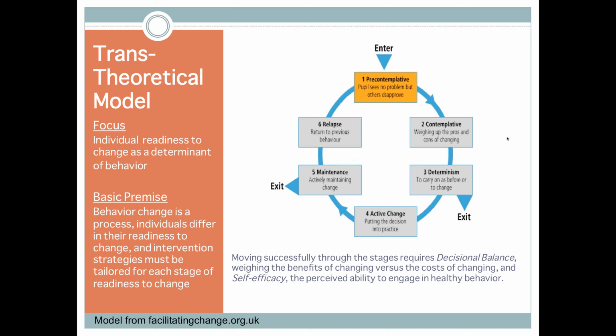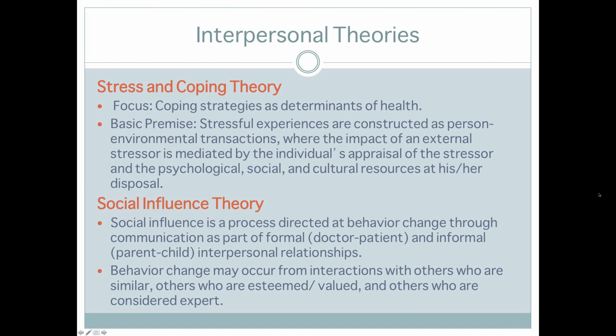And so this process of looking at the benefits for you versus the cost for you of a change is part of what goes into moving to the next stage. And when the decisional balance is that the benefits outweigh the cost, then you choose to move to that next stage. So when you've determined to change and you want to move to active change, you've made a decision that the benefits of the change outweigh the costs of the change. So I hope that answers that question.